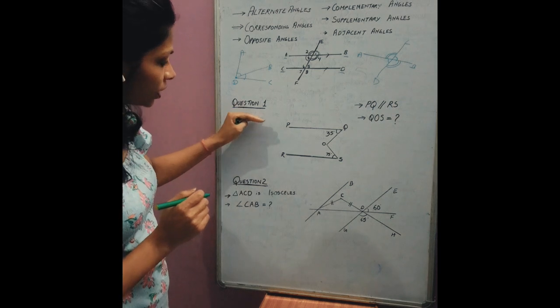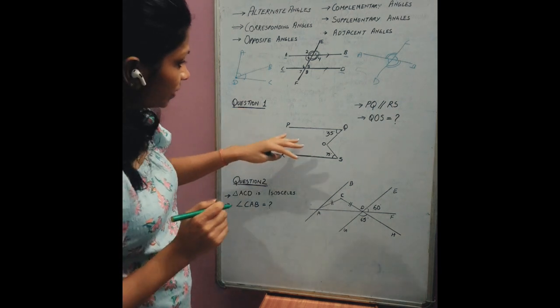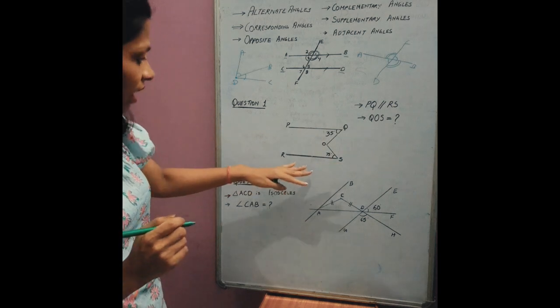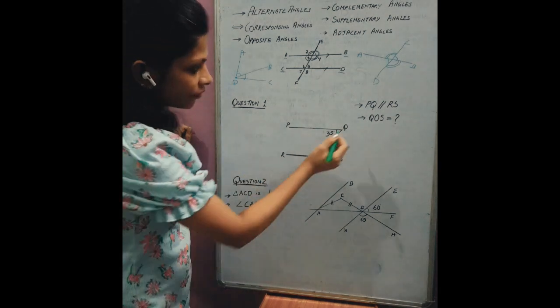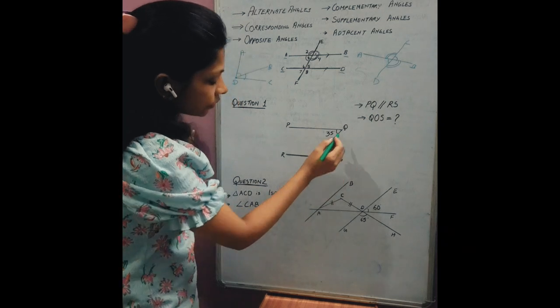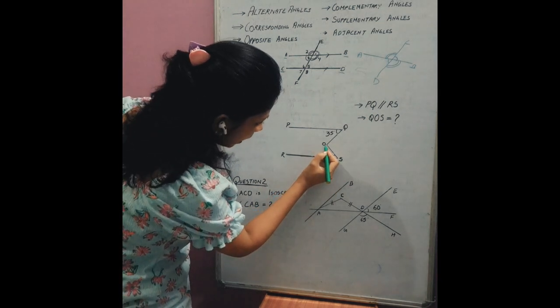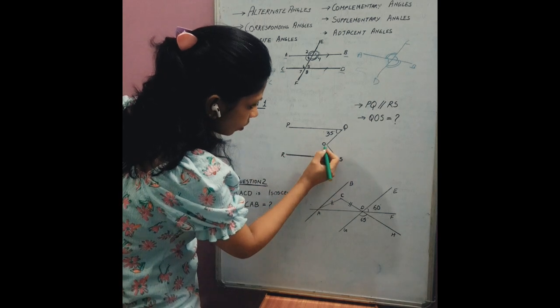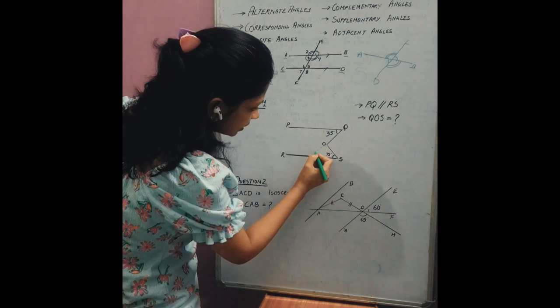So here I have the first question wherein line PQ is parallel to line RS and we have to find angle QOS. So to find angle QOS, there are two ways. Either I can draw a parallel line here or I can also extend this line here.